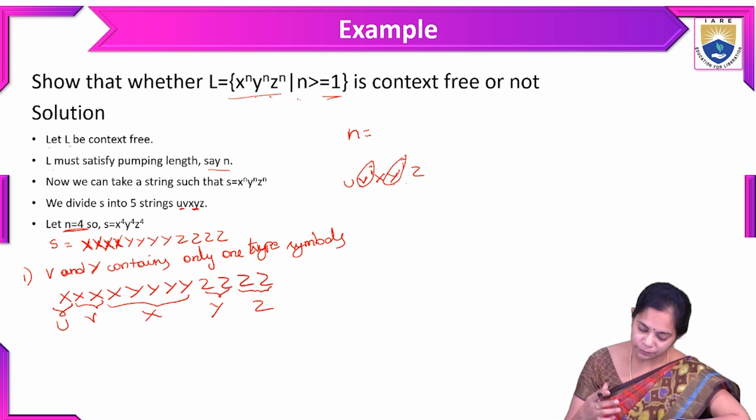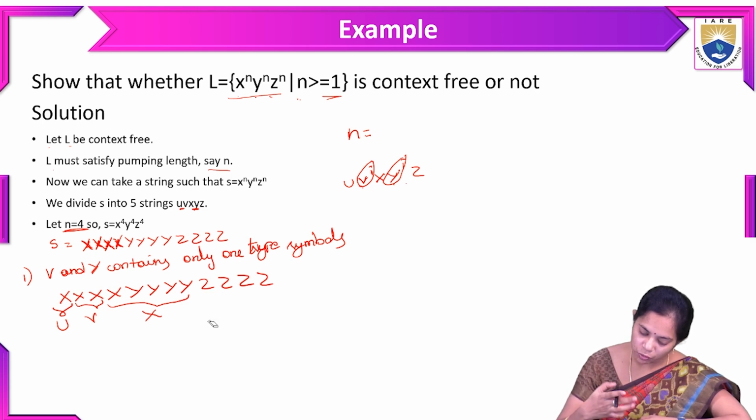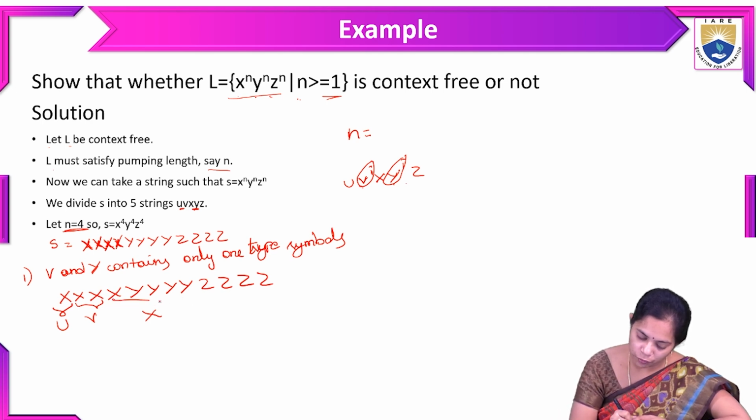So the x we are taking is a combination of 3 symbols. Here also we take y and z.